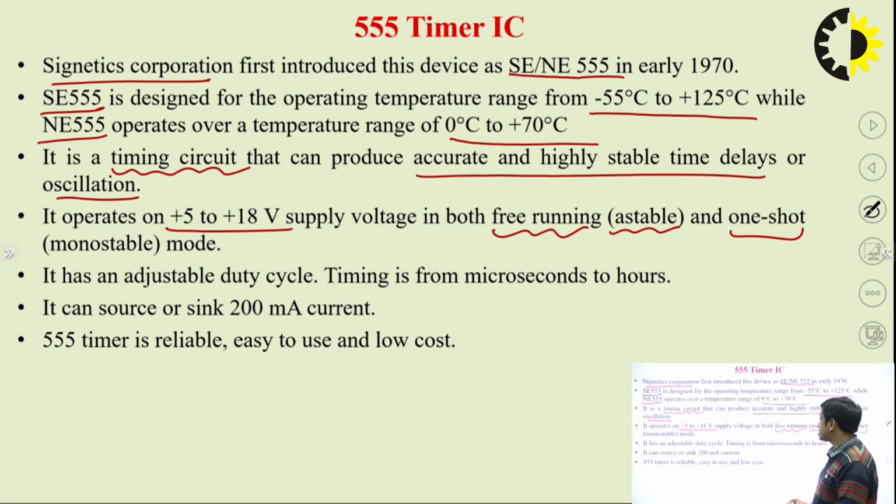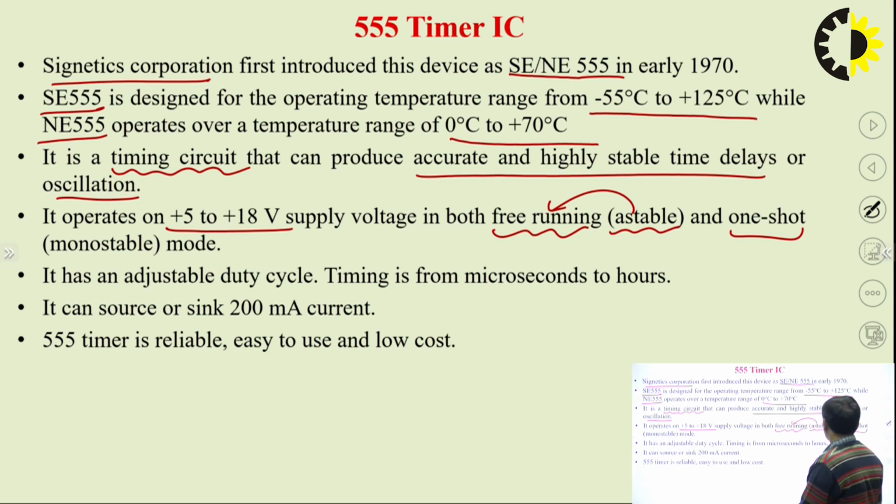That's why astable mode is also referred to as free running. And in astable mode, it does not require any input. Without any input, the output keeps changing its state, high to low, low to high. So 555 timer in astable mode generates a pulse of a particular frequency. That's why it is called free running.